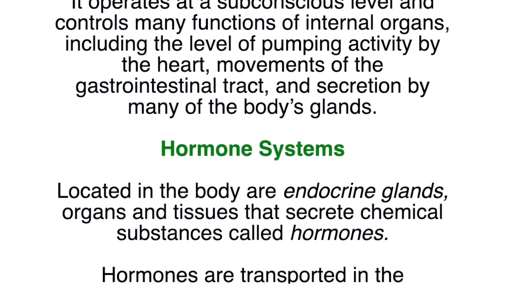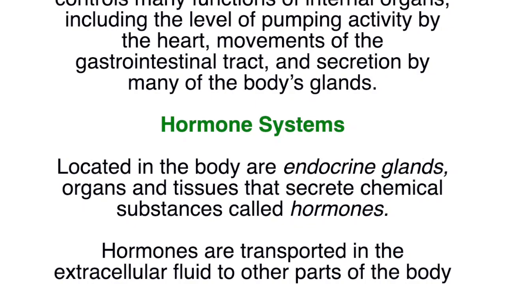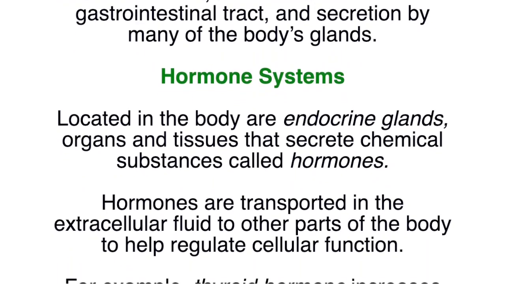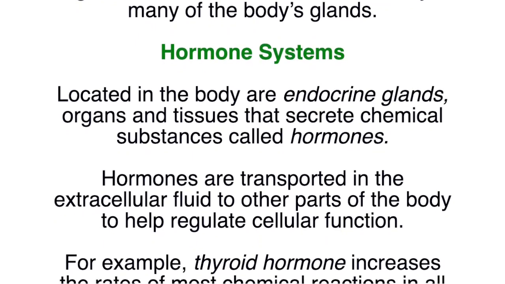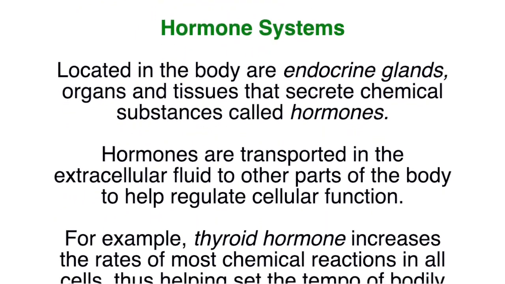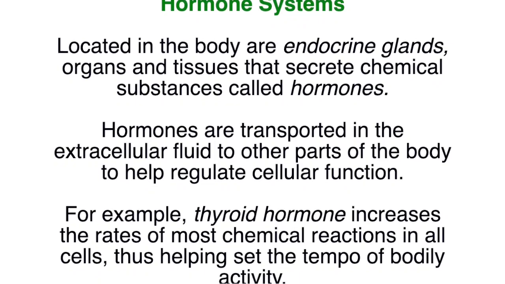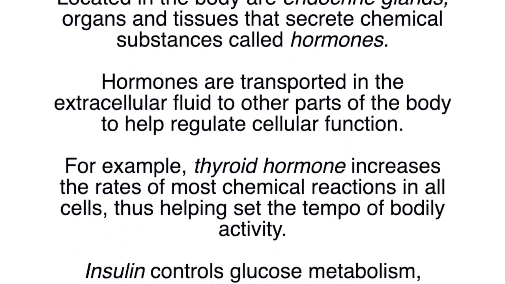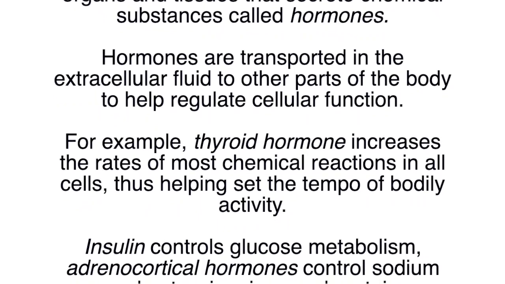Hormone systems. Located in the body are endocrine glands, organs and tissues that secrete chemical substances called hormones. Hormones are transported in the extracellular fluid to other parts of the body to help regulate cellular function.